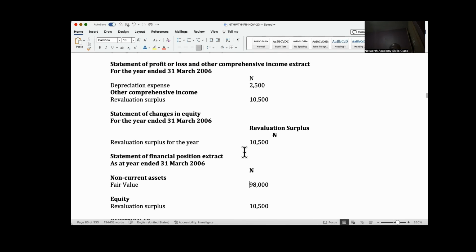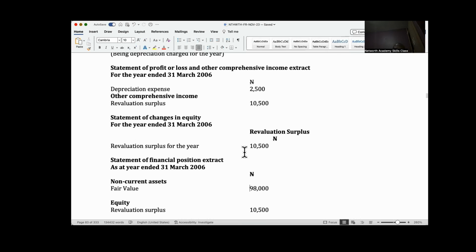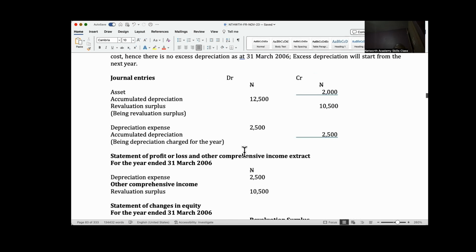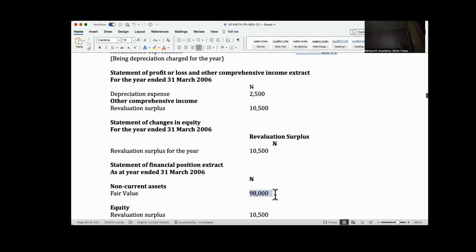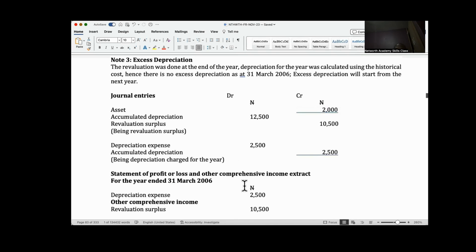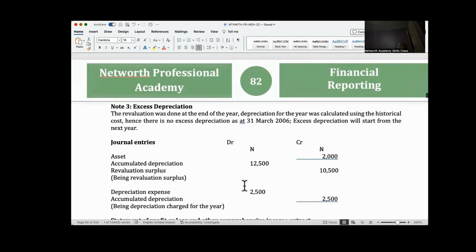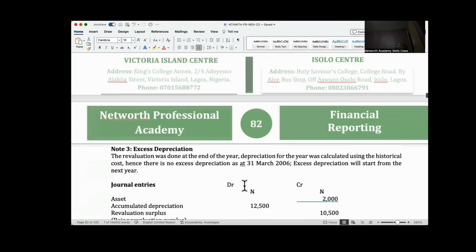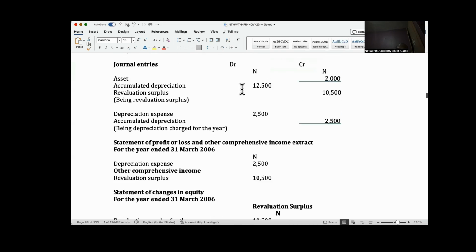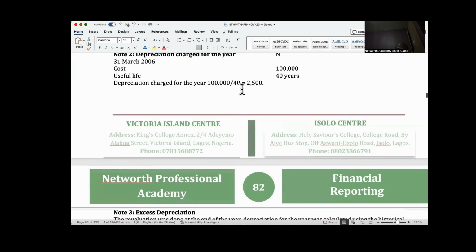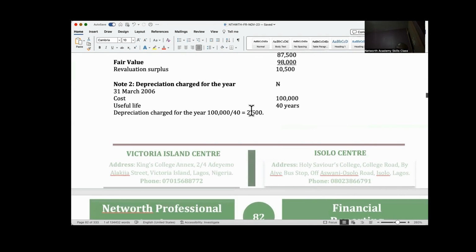Okay, so this is almost similar, but it's teaching you that when revaluation is done at the year end, your value will just be that revaluation, and depreciation for that year will still be determined using the cost of the asset at the beginning, which gave us this 2,500 for the year.